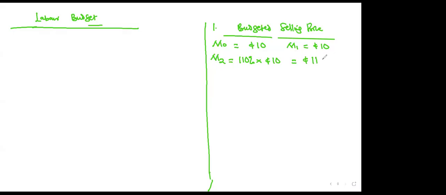Then month 3, it will still be the 11 cedis. It will not increase, right? Then in month 4, it will increase. That's 110% of 11 cedis, giving you what? What is 110% of 11 cedis?